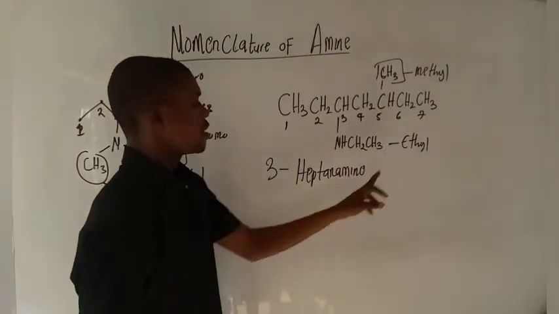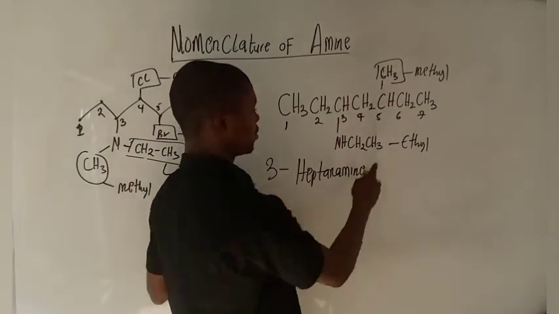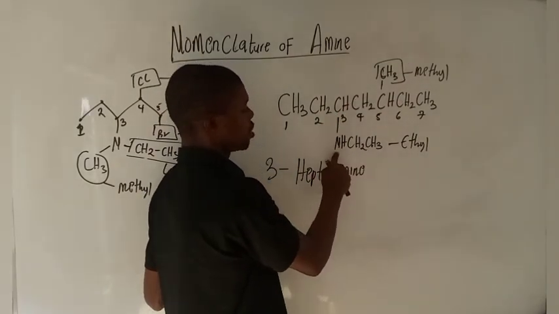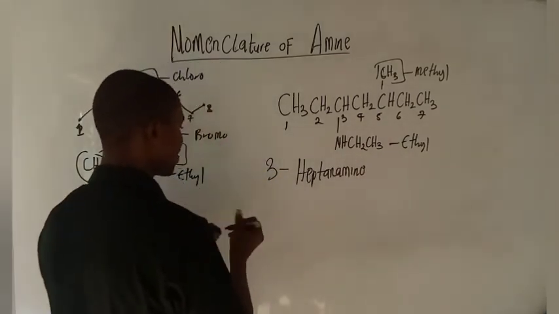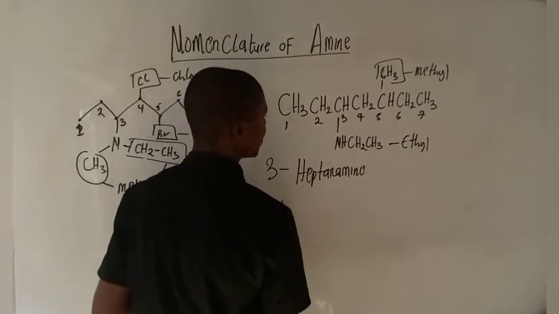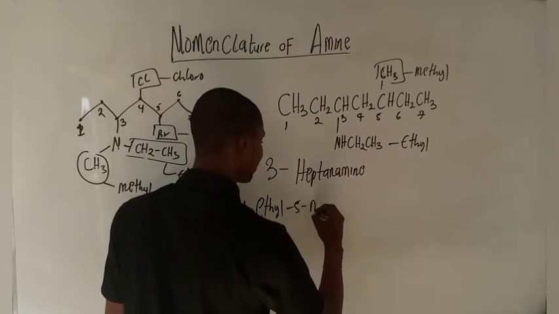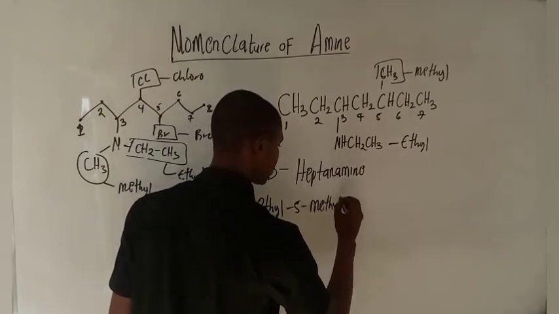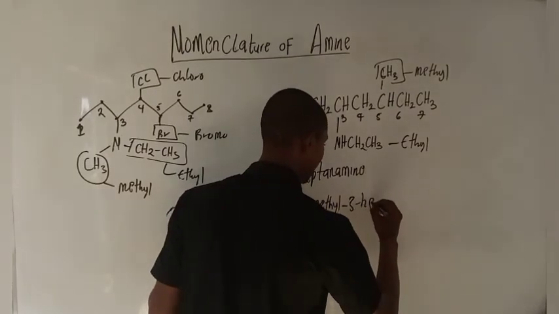So E will come before M, you get. But this ethyl is attached to the nitrogen. So it's going to be N-ethyl, you get. Then this one is coming on carbon number 5. So it's going to be 5-methyl, you get. So here we have N-ethyl-5-methyl-3-heptanamine.